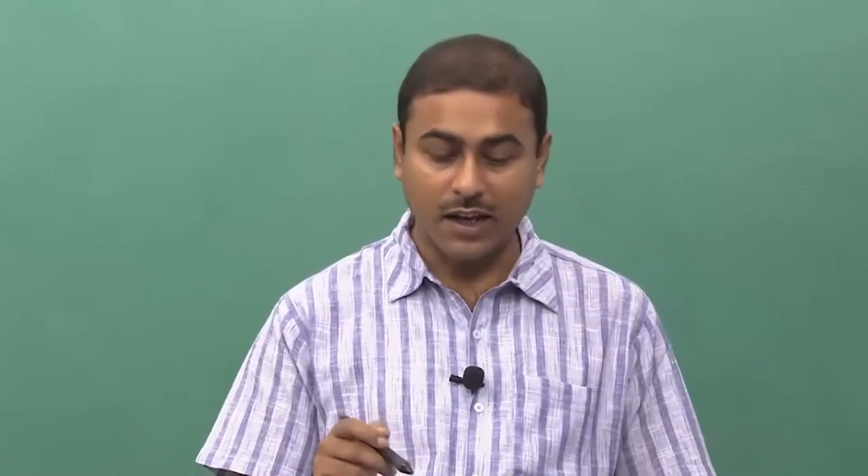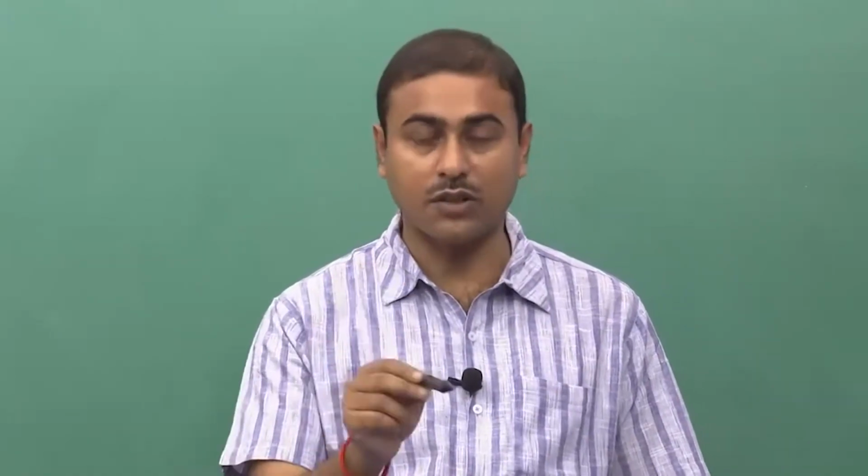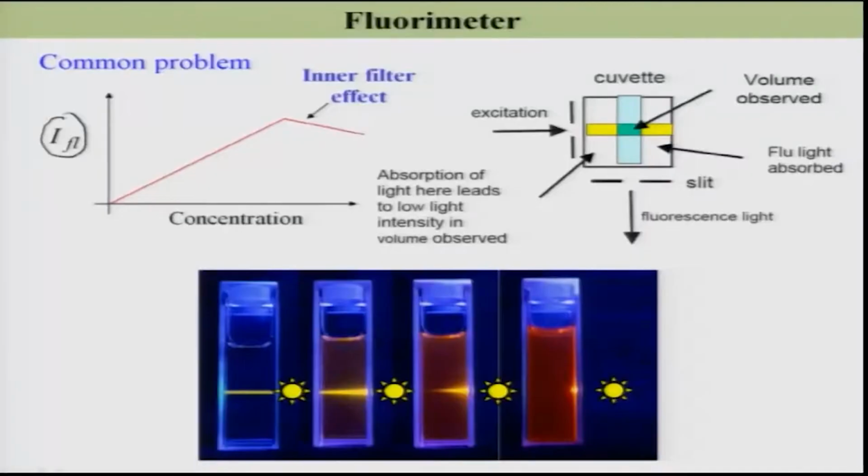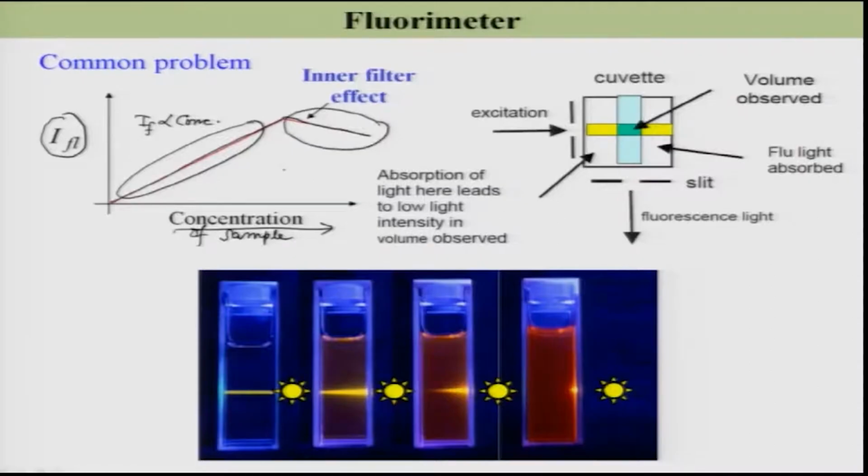But now if I plot the intensity of fluorescence versus concentration of sample, I can also end up with a situation that fluorescence intensity was increasing and then it started decreasing. I know about this region, because I know fluorescence intensity is proportional to the concentration, but how am I going to explain this part, right.